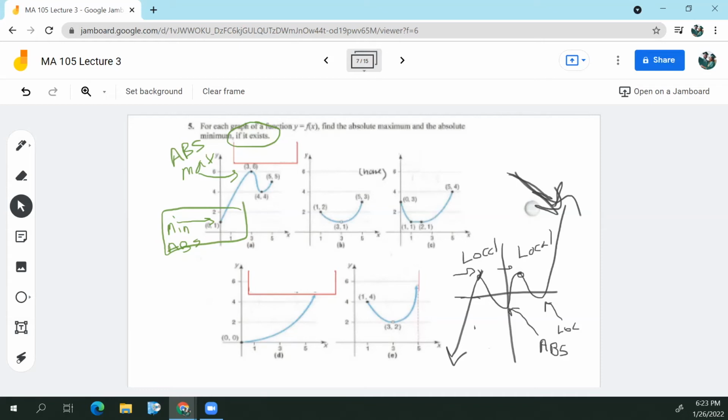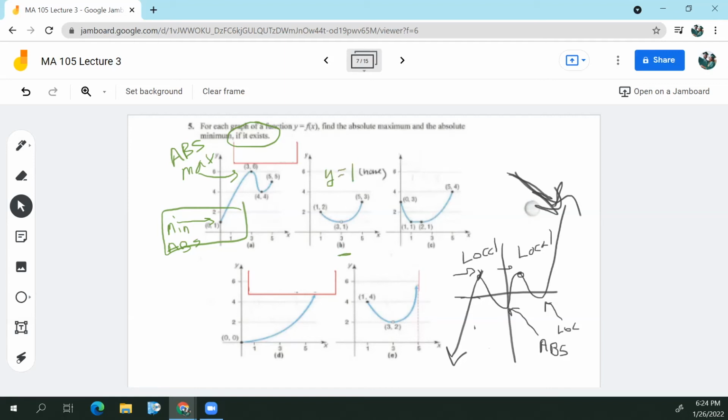Talking about value, am I talking about X or Y? Y. So if I say, what is the value of the minimum for B? 1.